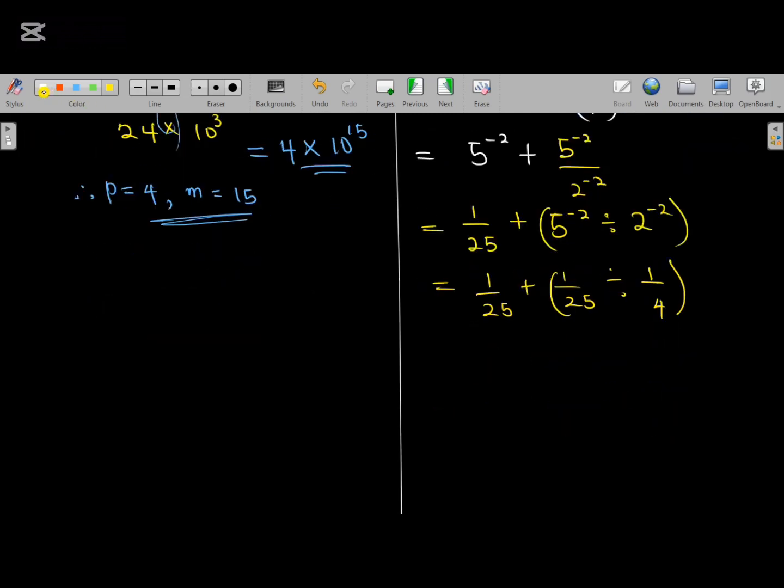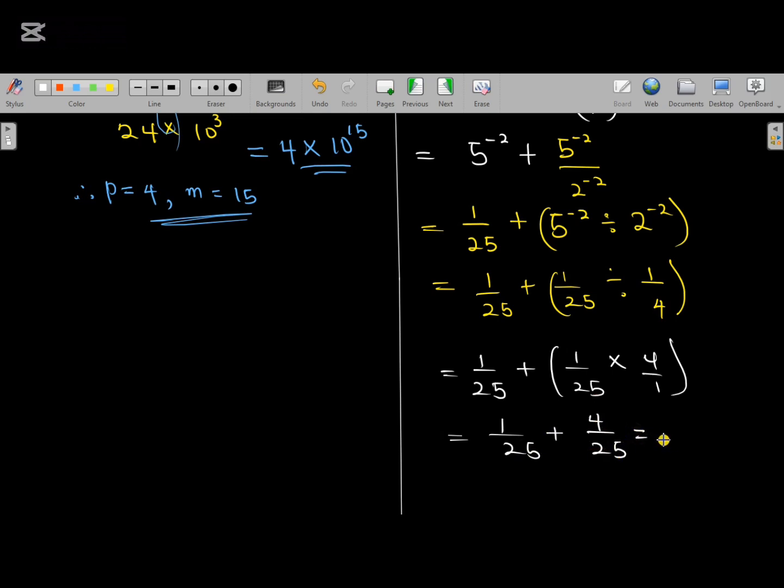So at that point now, we can try to bring this down, 1 over 25 plus, so here we'll have 1 over 25 as well, then times 4 over 1, okay? So which is going to give us, of course, this would clear the bracket first. This is 1 over 25 plus 4 over 25.